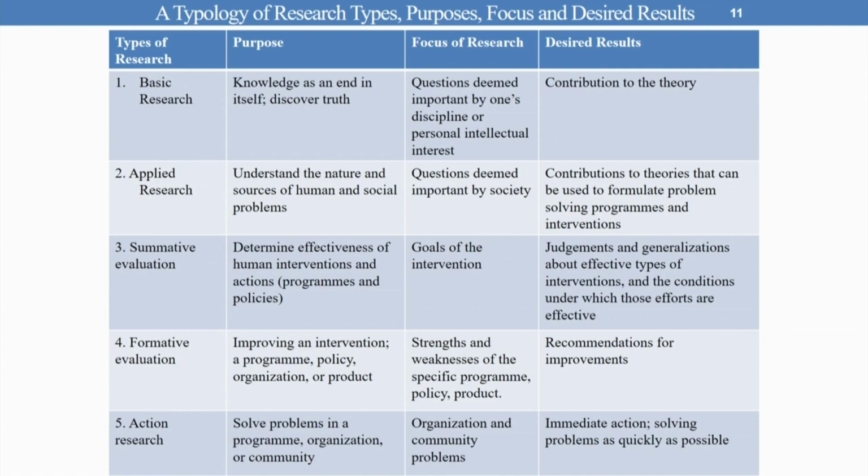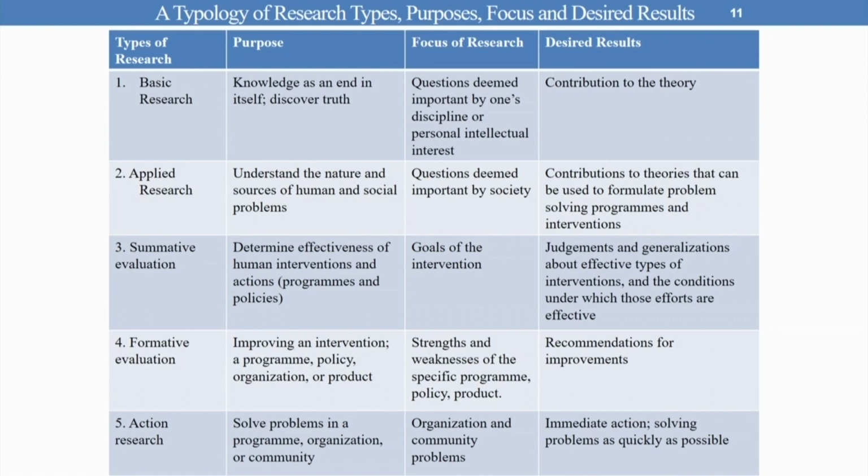The third and the fourth types of research, summative evaluation and formative evaluation, are much in use by government organizations and various international civil society organizations, where they take the research findings into account for designing various kinds of interventions or improving interventions.